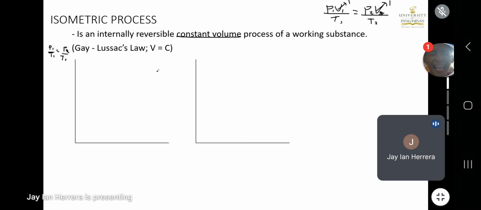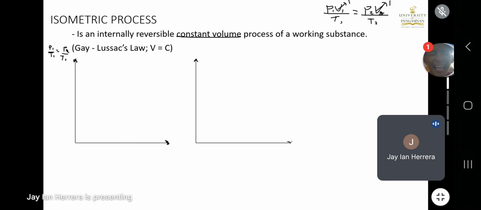Yeah. So, una nating malalaman for our isentropic and isometric process is how to draw the PV and TS diagram. Sabi ko nga doon from modules 8 to 10 natin, yung mga ginagawa nila doong diagram is PT.